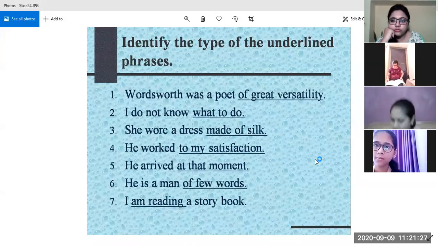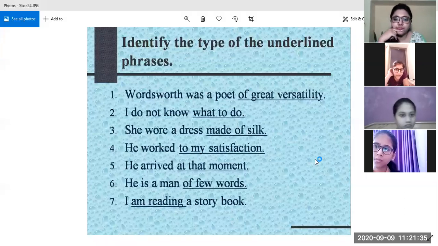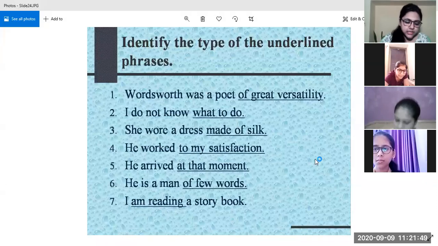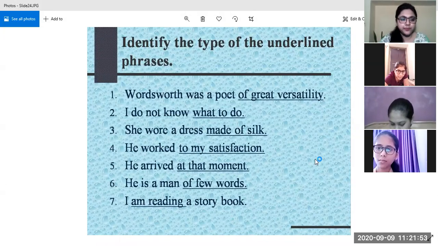We are waiting for you. And we need adjective phrase. And also, it is starting with a preposition, so it will be a prepositional phrase also. Okay. So it is an adjective phrase, yes, you were correct, and it is a prepositional phrase as well.